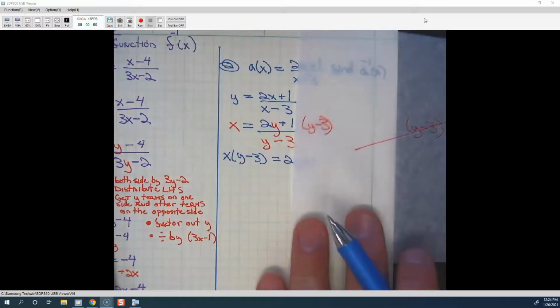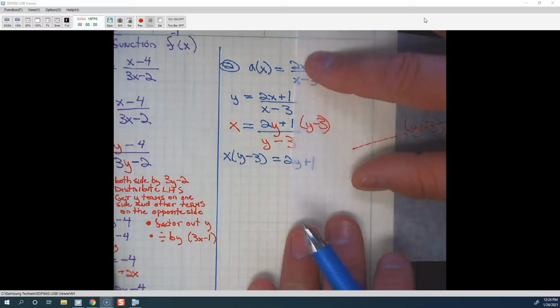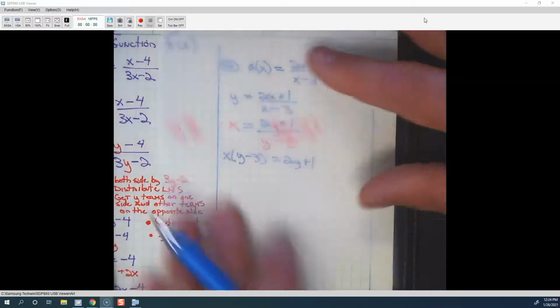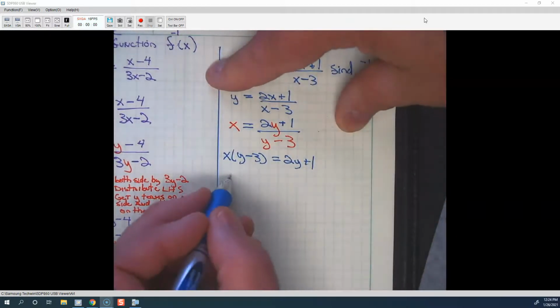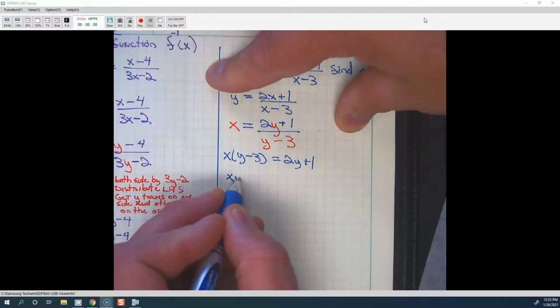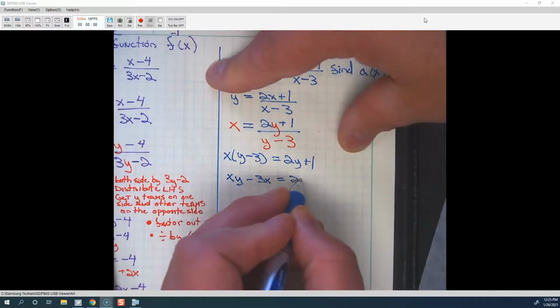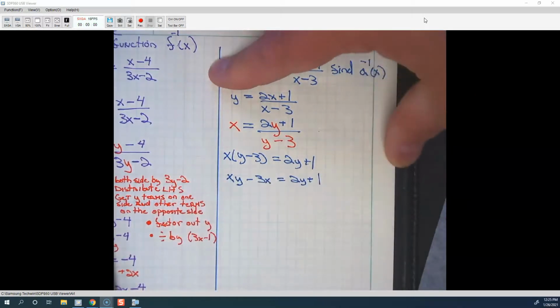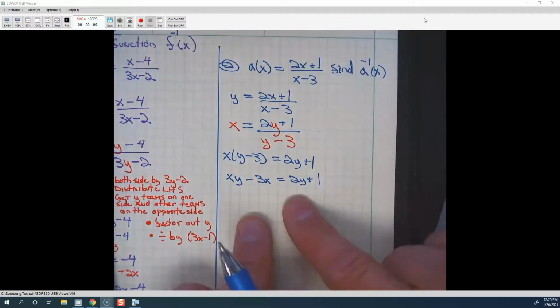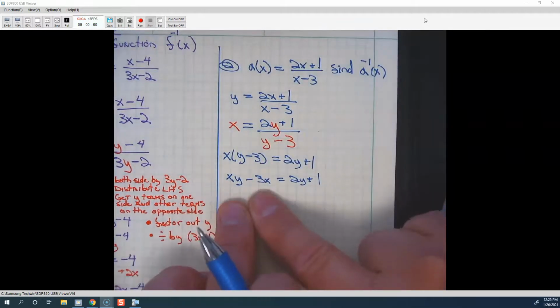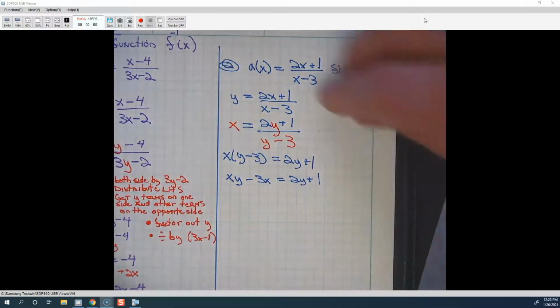Just multiply both of those by x minus 3. And now it's distribute. Okay, get all the y's on one side, all the other terms on the other side.